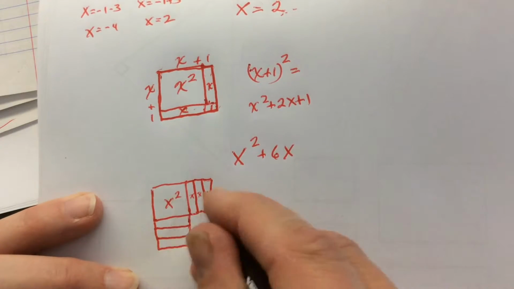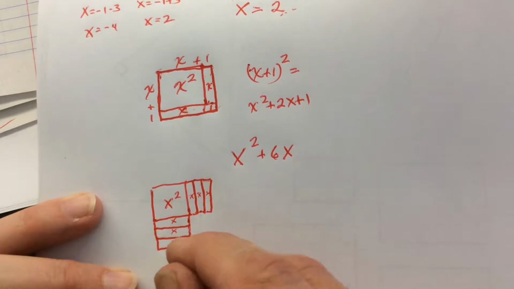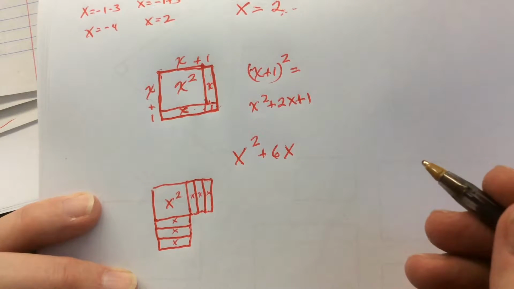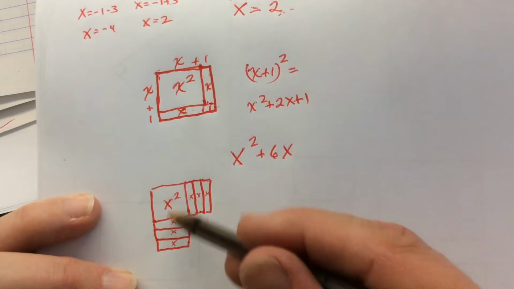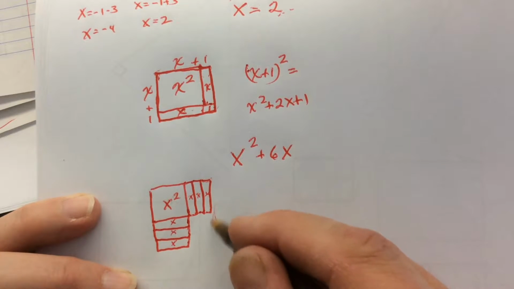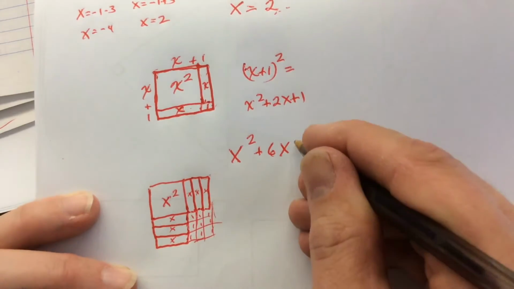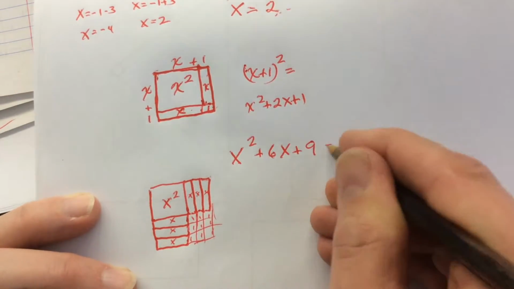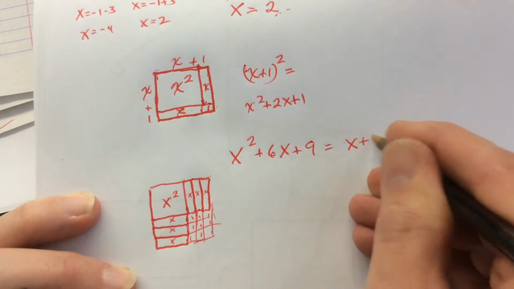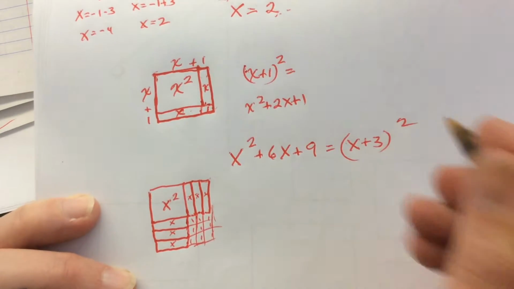Here's my x squared. This is an L shape, right? But if I wanted to make this into a square, how many ones would I have to stick in here? 9, exactly. That's going to be equal to x plus 3 squared.